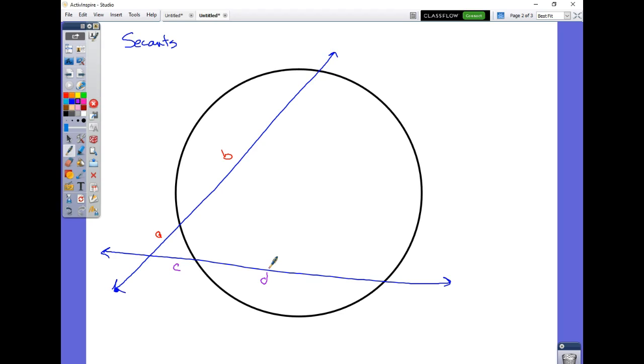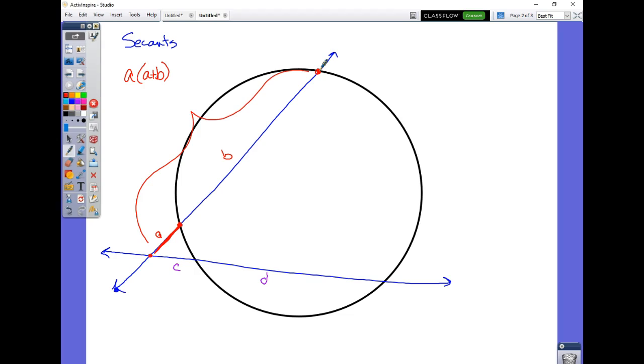When I'm looking at a secant, the equation for this turns out to be, you actually take the A and multiply it by the A plus B. So it's essentially the outer segment here multiplied by the total distance of that secant from the intersecting point to the furthest point over here.